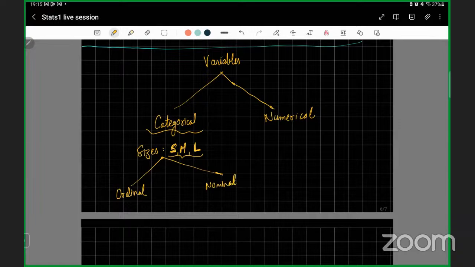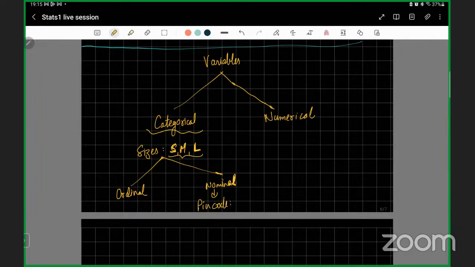In nominal scale of measurement, the order does not matter. You're just assigning a number to that particular object. For example, the pin code. The pin code comes under the categorical variable.